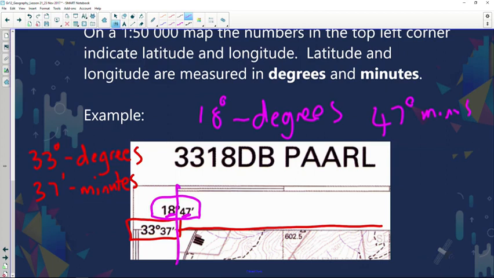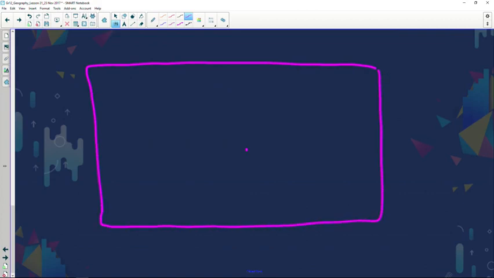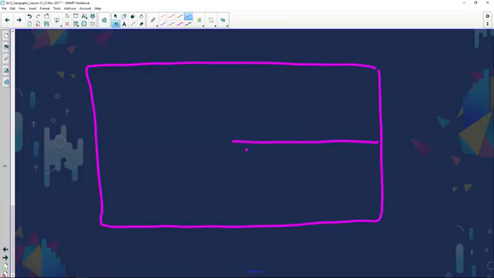But before I continue, I'm just going to explain South Africa's coordinates. Let's say I quickly draw a world map. What separates the northern from the southern hemisphere? The equator. What separates the western from the eastern hemisphere? The Greenwich.